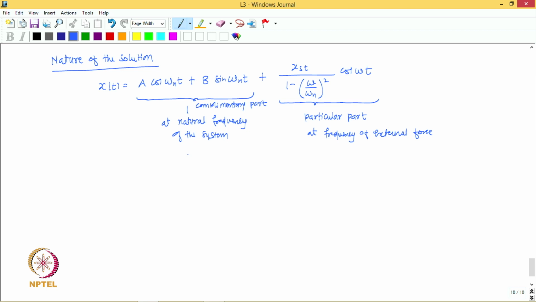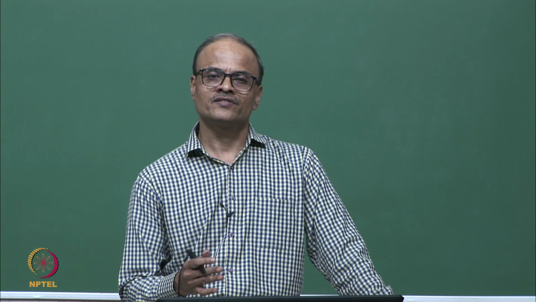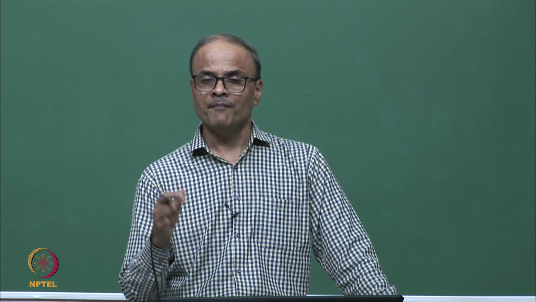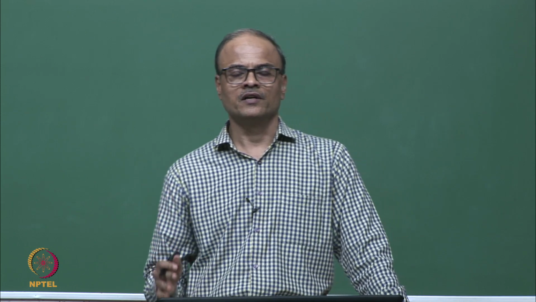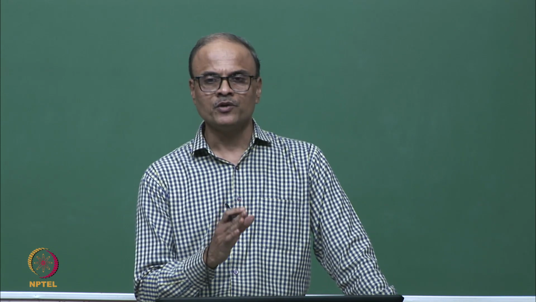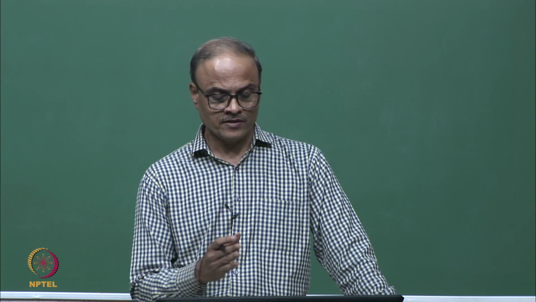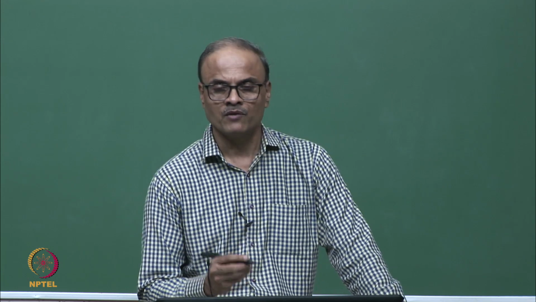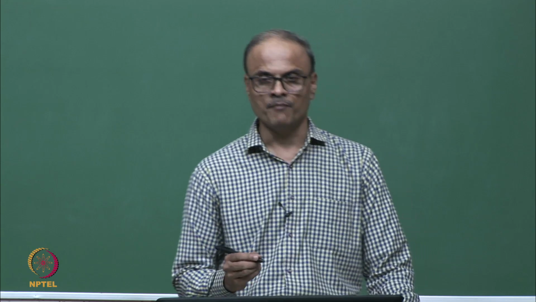As we will see later, complementary part is also referred to as transient part, because if damping is incorporated, this part will have its amplitude decaying with time. We will see that when we take damping into account.